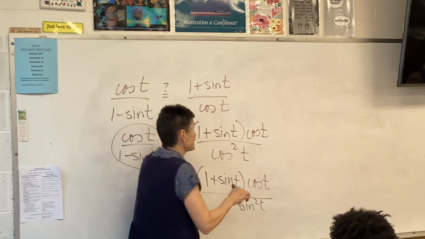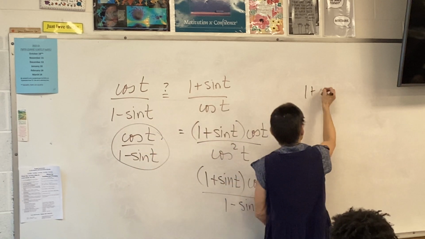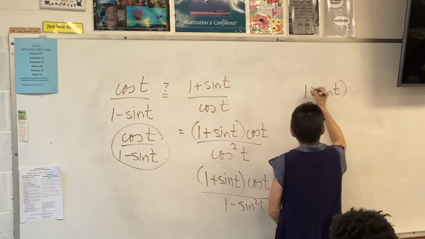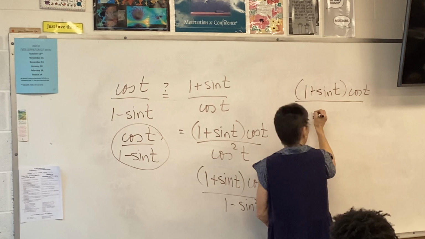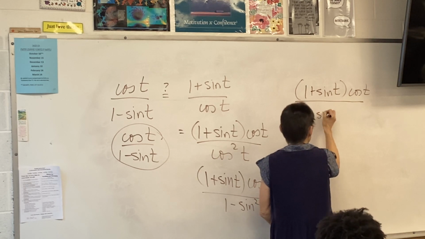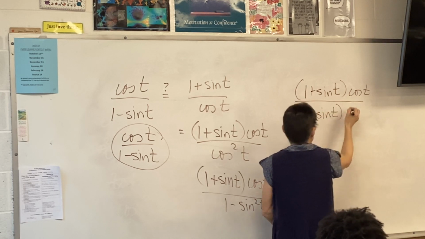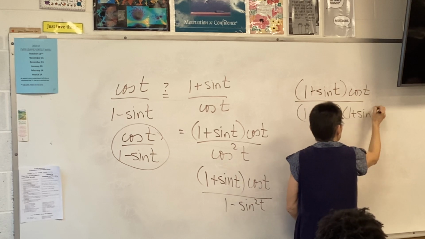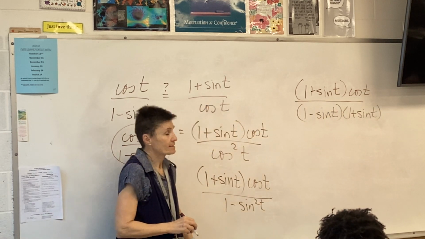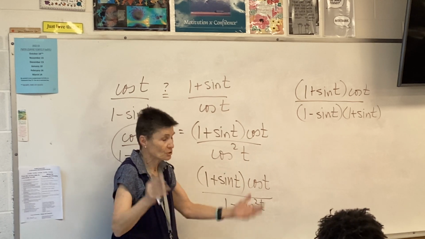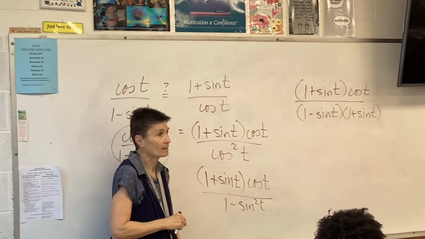And how does the difference of squares factor? It's like x minus 5, x plus 5. 1 minus sine, 1 plus sine, right? Either order, doesn't matter. It's like x squared minus 4, x plus 2, x minus 2. It's the same exact concept.